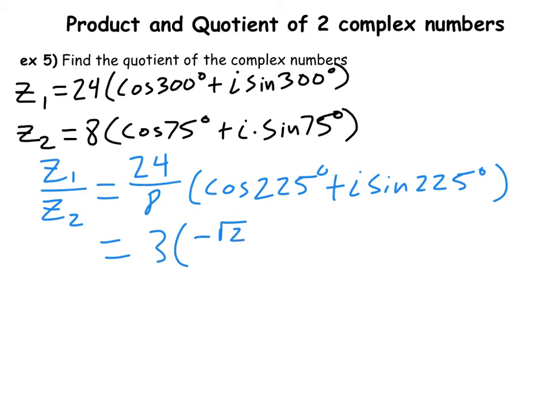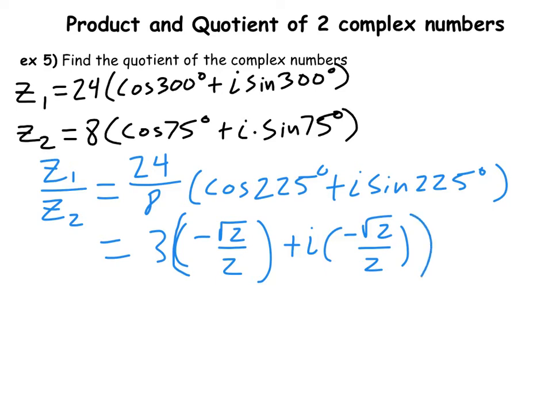In this case it is 225 degrees, so I'd see the cosine value is negative square root 2 over 2, and the sine value is also negative square root 2 over 2.